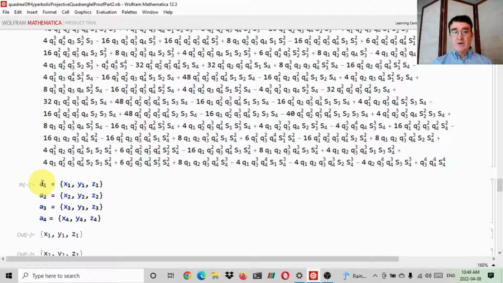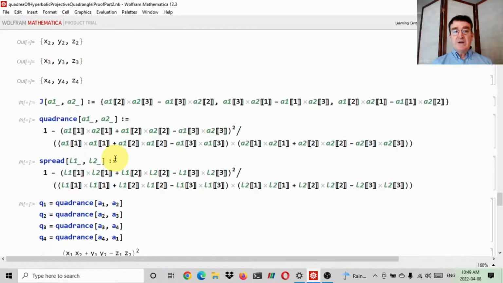Next, we'll define our 3 functions: the join of 2 projective points, which gives a line, the quadrance between 2 projective points, and the spread between 2 projective lines. To get Q1, we call this quadrance function with projective points A1 and A2. Q2 is the quadrance between A2 and A3.